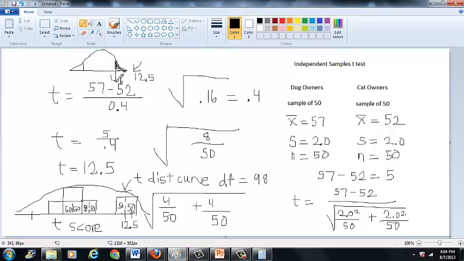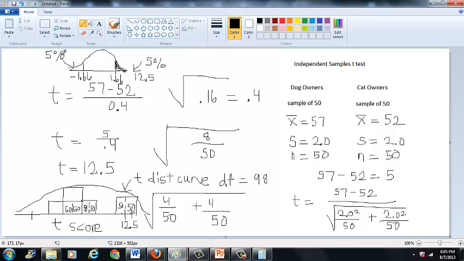If the positive critical value is 1.66, the negative one would be negative 1.66. That's the negative critical value that has 5% to the left of it. These are the one-tailed critical values.